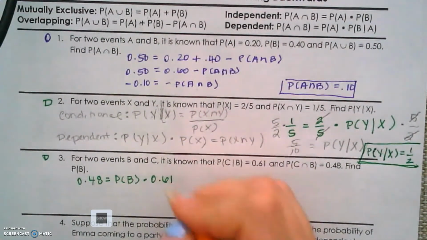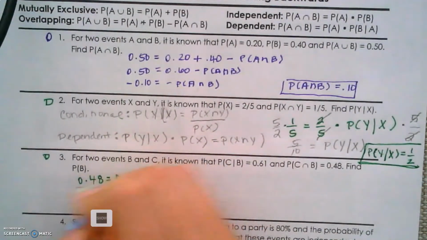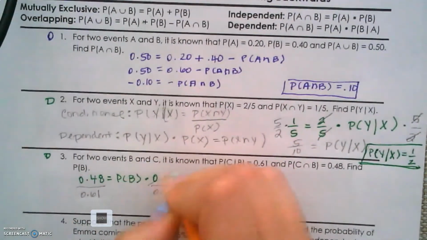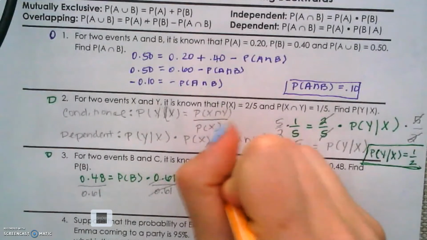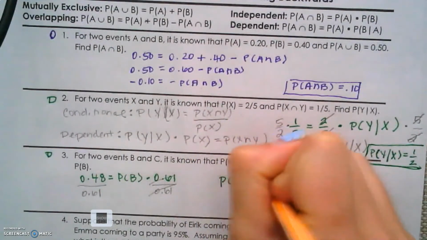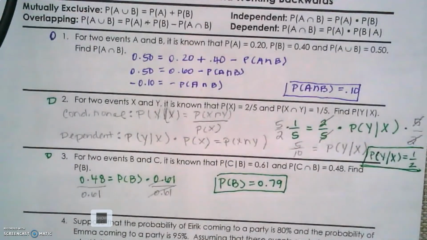We undo multiplication with division. So we're going to take 0.48 and divide it by 0.61. And if we round to the nearest hundredth, the probability of B happening is a 79% chance.